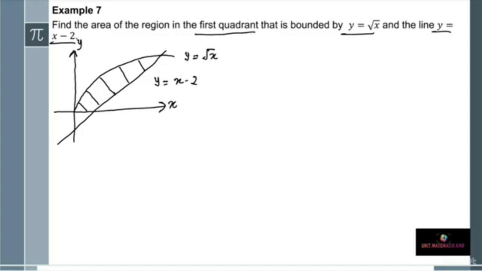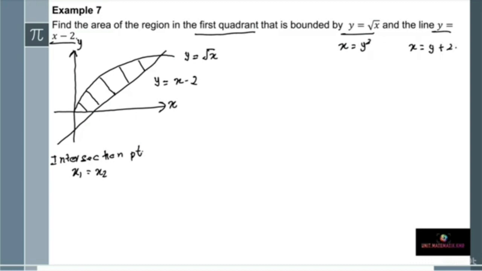First I need to find the intersection point, so I need to solve x1 equals x2. I rewrite this one as x equals y squared, and this one as x equals y plus 2.